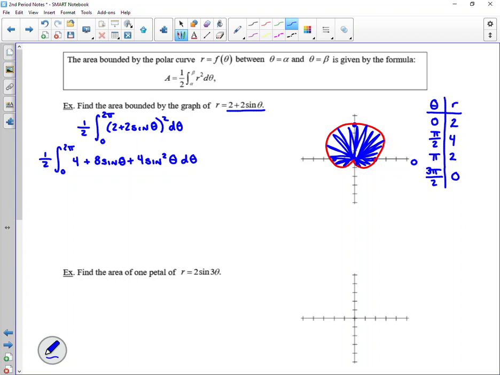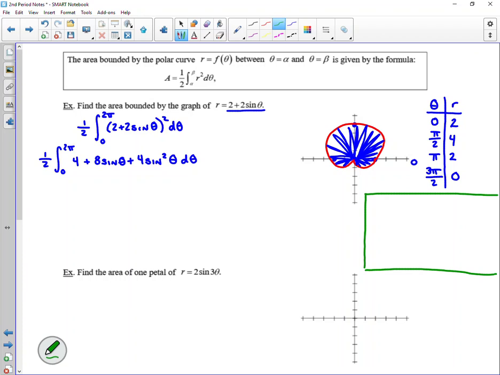Two identities from pre-calc that will help you. I'm going to write it here and then we'll transfer it over. The cosine 2 theta identity can be rewritten in 3 different ways.